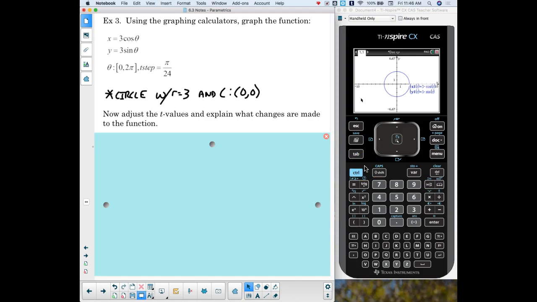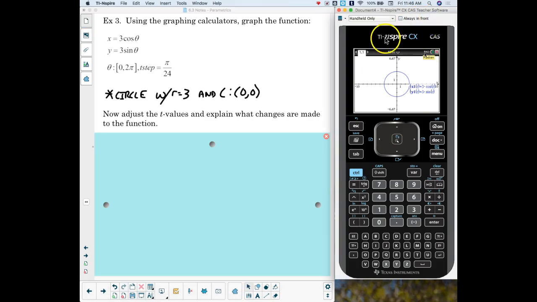So if I get back over on this side, and I go tab, and I go up, and if I go from 0 to, I'm going to say 100, anything change? Nothing really changed, did it? Okay, so nothing changed there.